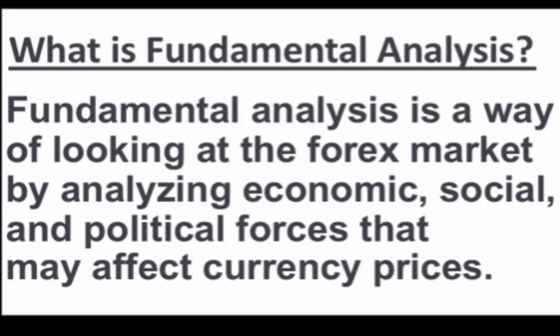Now, when two currency pairs are being traded, first and foremost, what traders do is that they look at the economic factors. They look at the social and political factors that are likely going to affect the pair of this particular currency.